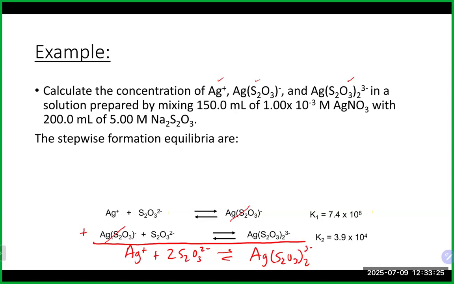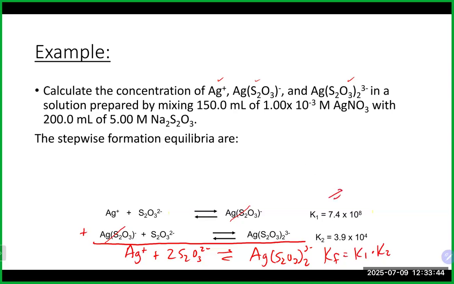And a reminder that when you add equilibrium reactions together like this, for example when we want the Kf in this case, we do not add the K values, but we do need to multiply the K values. So here, if we wanted the Kf, we would take K1 times K2.